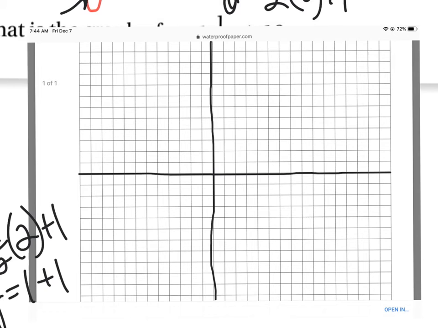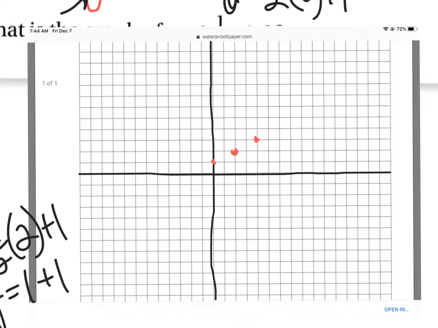So 0, 1, 2, 2, and 4, 3. Okay, so those should be lining up with each other when you go to graph this.